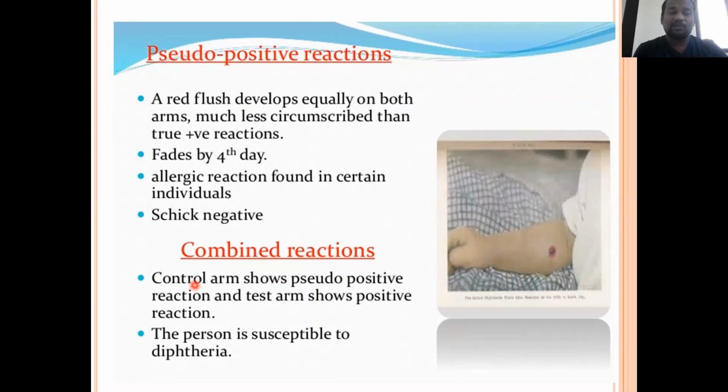Combined means the control has less than the true positive reaction and the test arm shows the positive reaction, with the control arm showing less than 10 to 50 millimeter diameter and the test arm showing exactly 10 to 50 millimeter diameter swelling. This person is also susceptible to diphtheria. That means this person does not have immune power against diphtheria, so this person has to take the diphtheria toxoid vaccine. Thank you.